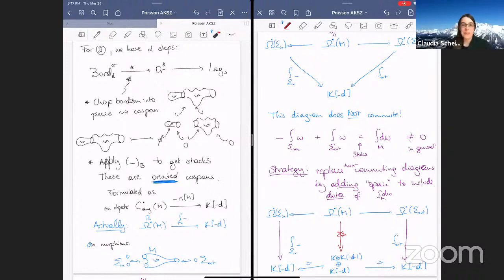So I personally don't. However, the main tool here really was to have a derived geometry set up that was somehow stable enough to make sense of these ingredients. So we needed to have things like our mapping stack is an Artin stack. And then we can define a tangent complex, we can define a cotangent complex, and so on.